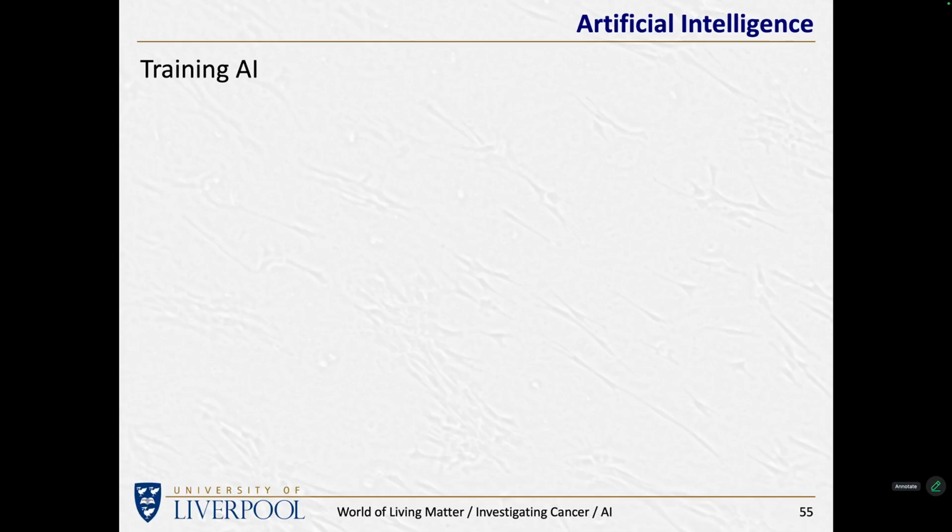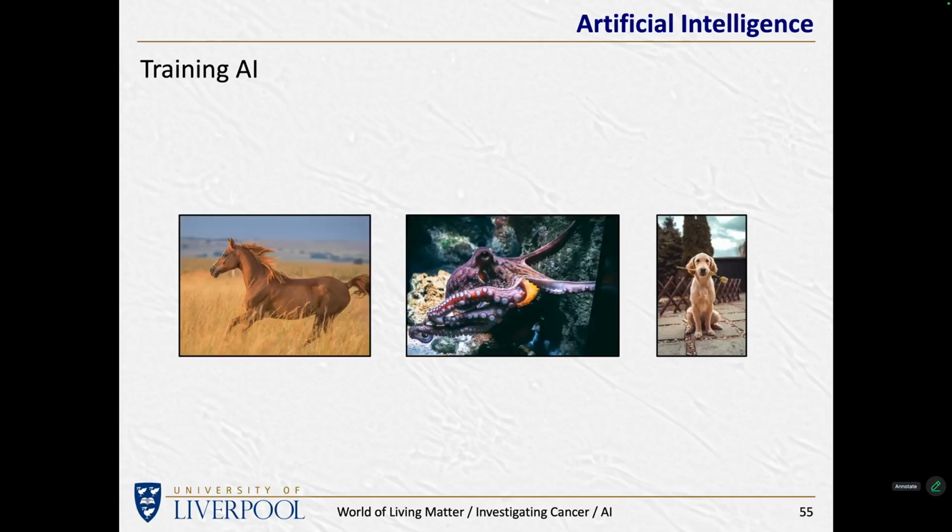Let's imagine we wanted to tell the difference between 3 types of animal: horses, octopuses, and dogs. And we want to do that not from the actual animals, but from pictures of the animals. So we want to train a piece of software to tell the difference between horses and octopuses and dogs.